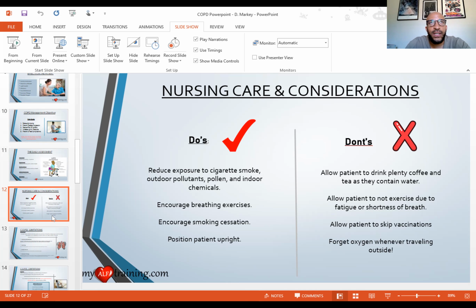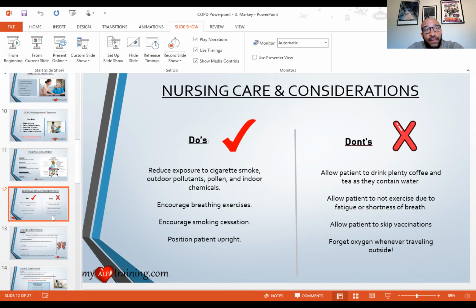If there's a lot of dust or debris in the area, or even sometimes if there's been a fresh rain in the morning and the dew on the ground, it's just creating that smell. All of those environmental changes can have a significant impact on your patient, and that could be what triggers them to have a COPD exacerbation.